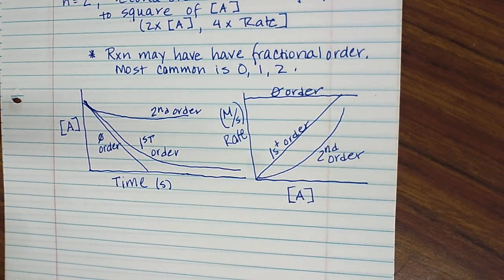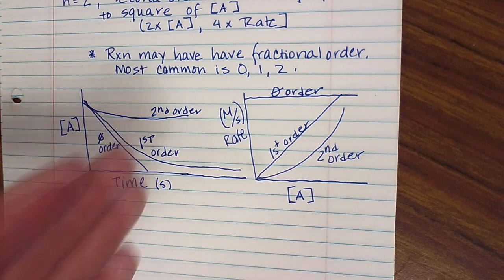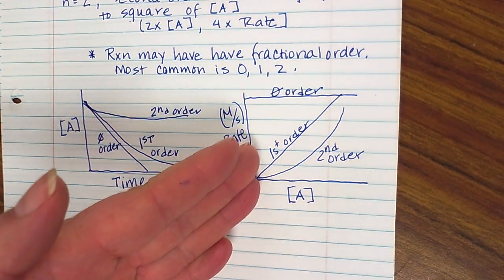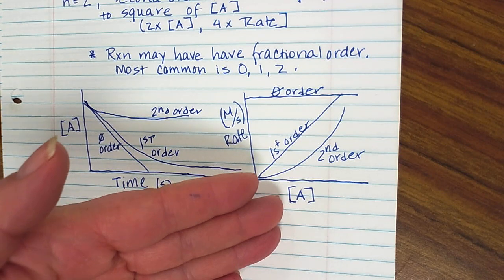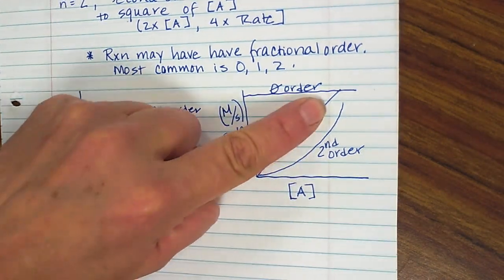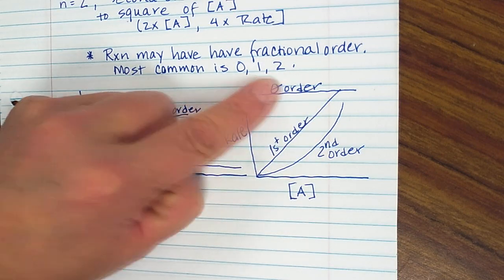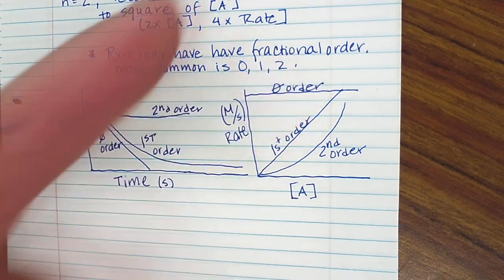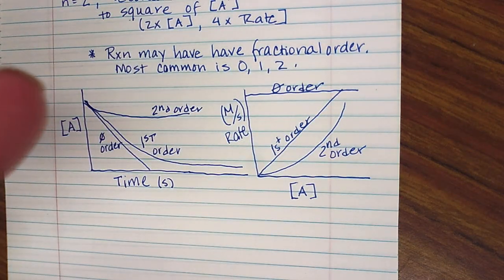As the concentration increases, the rate increases. Exponential. It's squared, right? So this is the one that we recognize the most, because if we square the concentration, the rate squares. If at first order we double it, the rate doubles. Zero order, no matter what we do, nothing happens to the rate. Okay?